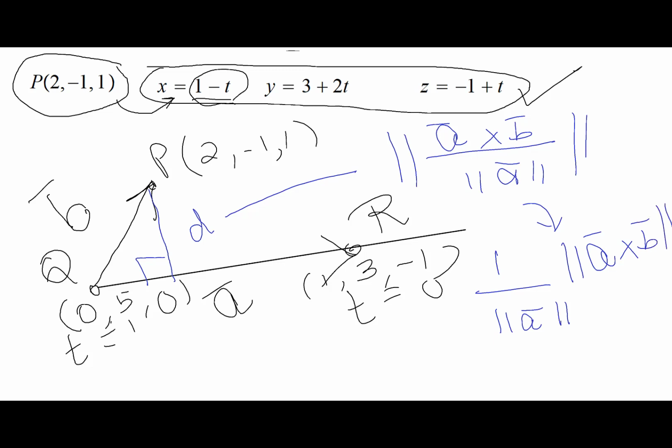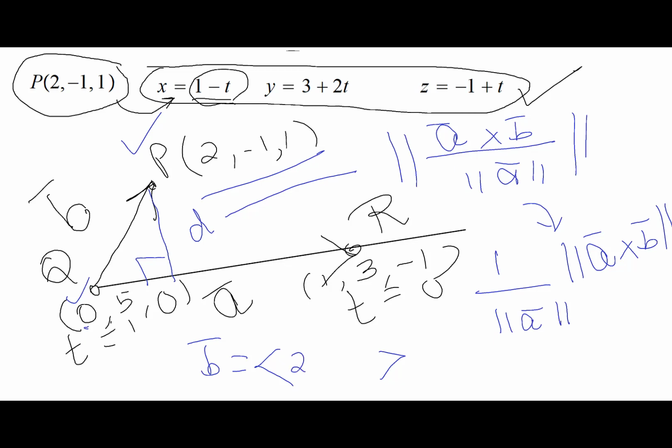Okay, so all we have now is that we will make these vectors and calculate the cross product. Let's just go ahead and look at this. My vector B is formed by these two, QR. This is the initial point, this is the terminal.